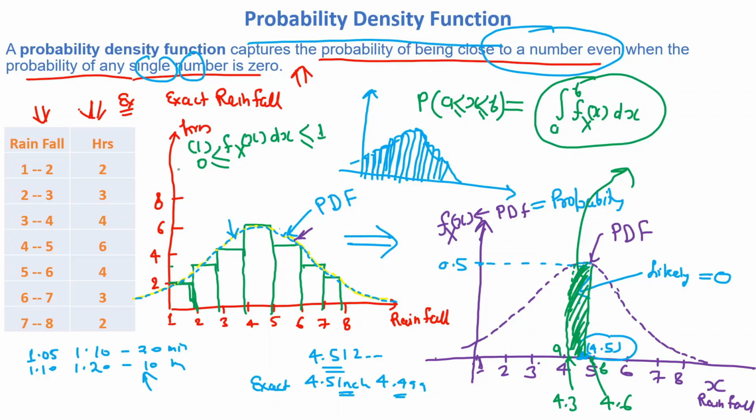The second property is about the area. How do we calculate the area? If we integrate f of x dx from minus infinity to infinity, this particular area would be equal to 1. So these are the two properties we have for probability density functions.